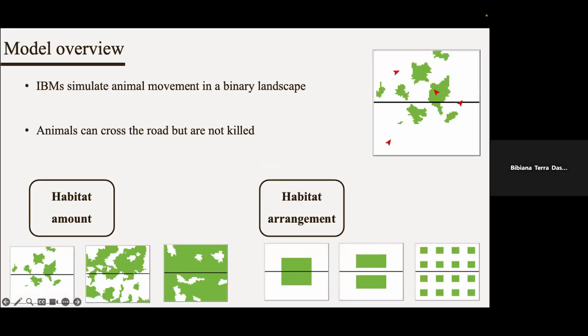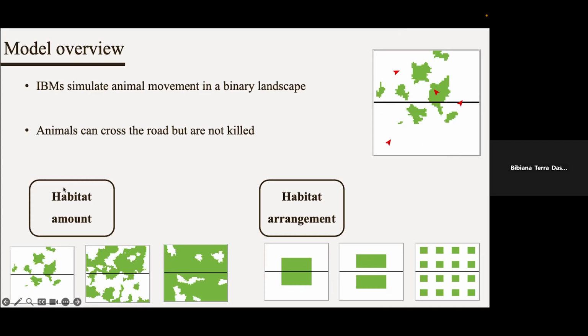To do this, we developed individual-based models to simulate animal movement in a binary landscape. Our landscape was composed of habitat patches, the green ones, dispersed in a non-habitat matrix, and this landscape was divided by a uniform road. The individuals can cross the road, but they were not killed, as our focus was to understand what causes the crossings aggregation and not the road kills. We developed two models.